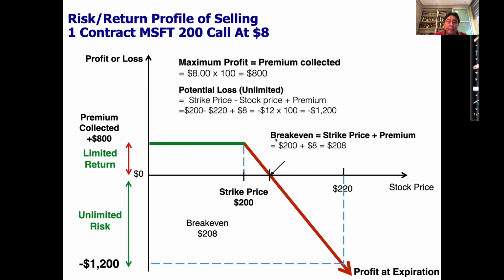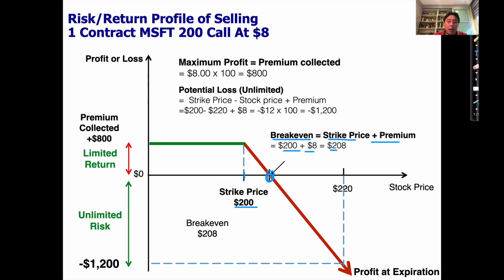What's your break-even price? Your break-even price would be the strike price plus the premium you received. So in this case, strike price would be 200 plus the premium received would be $8. So the break-even would be 208 right there. So only when the stock price goes above 208, then you start to lose money. That's the break-even price.